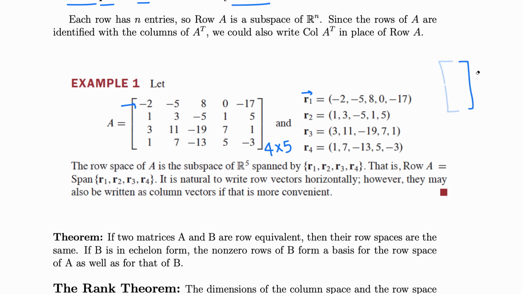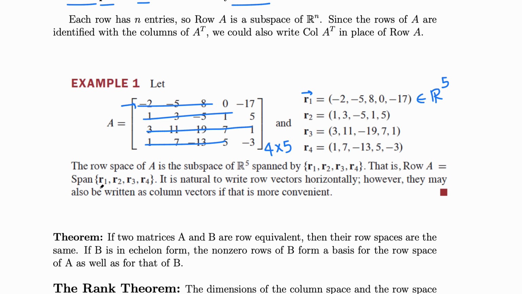So we can denote it in this way, R1, and second row, third row, fourth row. And note that this one is in R5. This is m by n, so n is 5, in fact R5, because we have 5 components. That's why this vector is in R5. And this is R2, R3, R4. So we have 4 vectors.